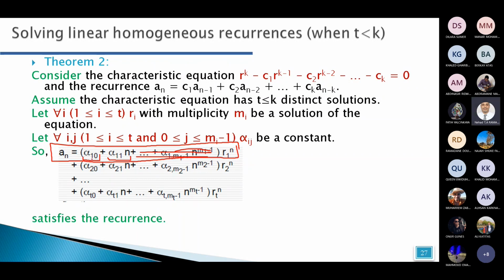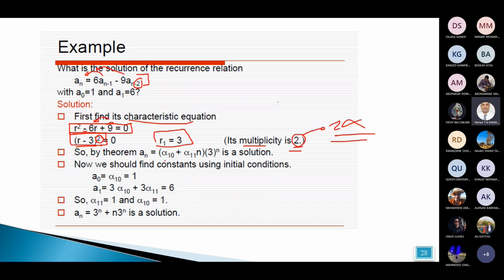alpha 1 0 plus alpha 1 1 n multiplied by r1 power n. So this is the solution: alpha 1 0 plus alpha 1 1 multiplied by n, all multiplied by 3, which is the solution, power n.